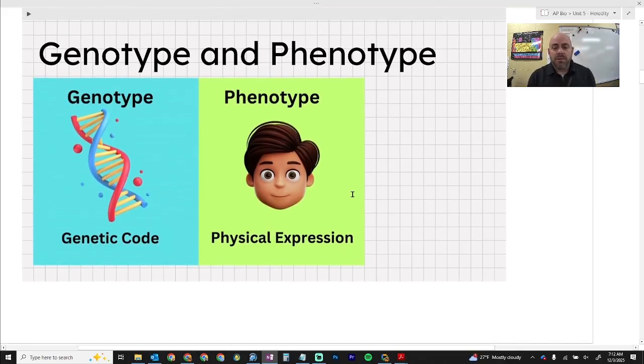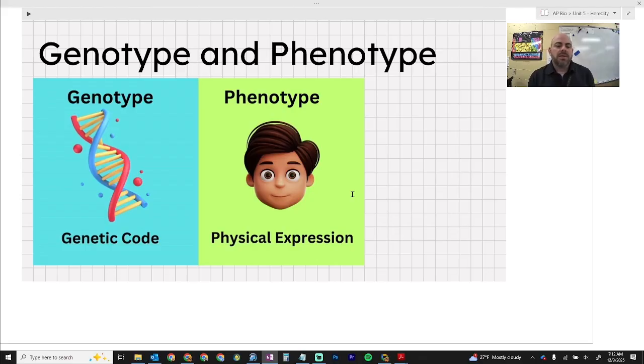But when it comes to genotype, I always teach that it's what you can't see. When you look at a person, you don't see homozygous dominant or heterozygous, right? It's in the genes. Phenotype is the physical expression, or physical characteristics, if you want to think of it that way. Brown hair, blue eyes, these are the things that we see.